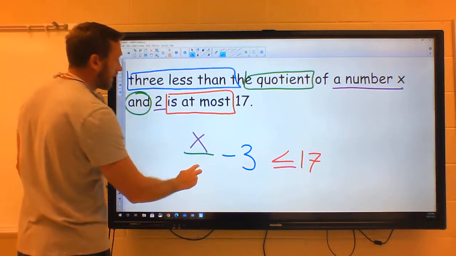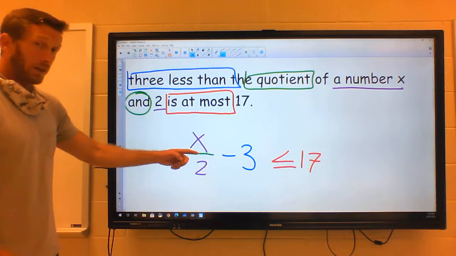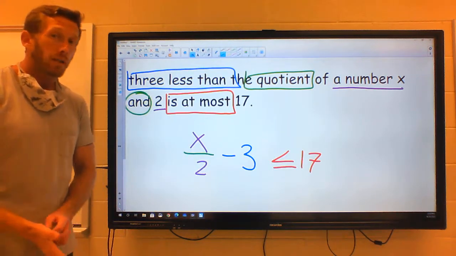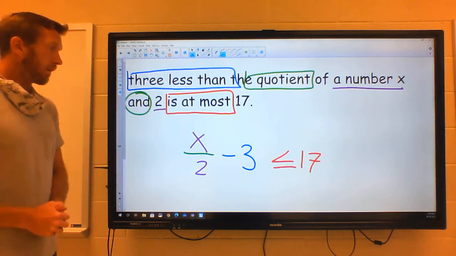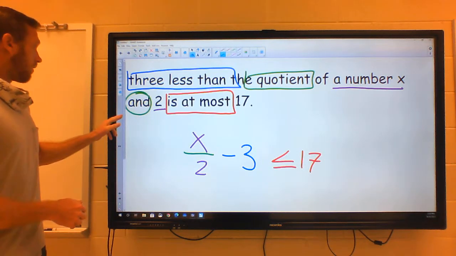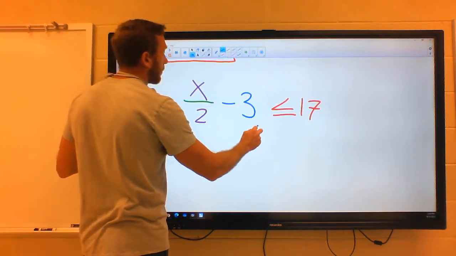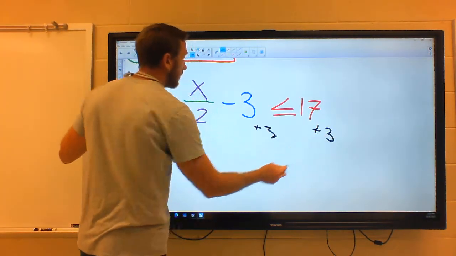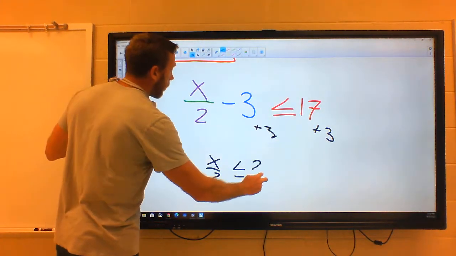The second value, that's our denominator. So this is 3 less than, 3 taken away from or below or subtracted from the quotient of x and 2. Boom, there we go. Now let's solve this. Add 3 to each side. We got x over 2 is less than or equal to 20.